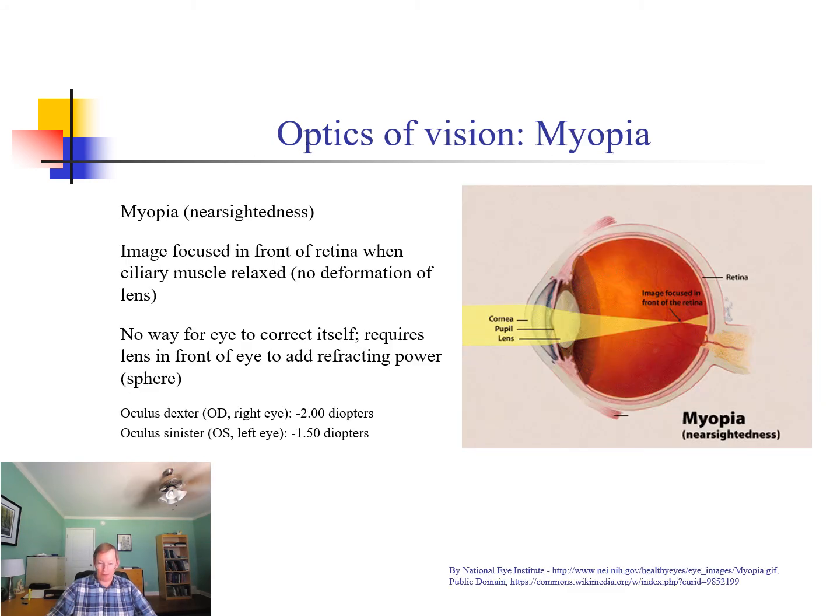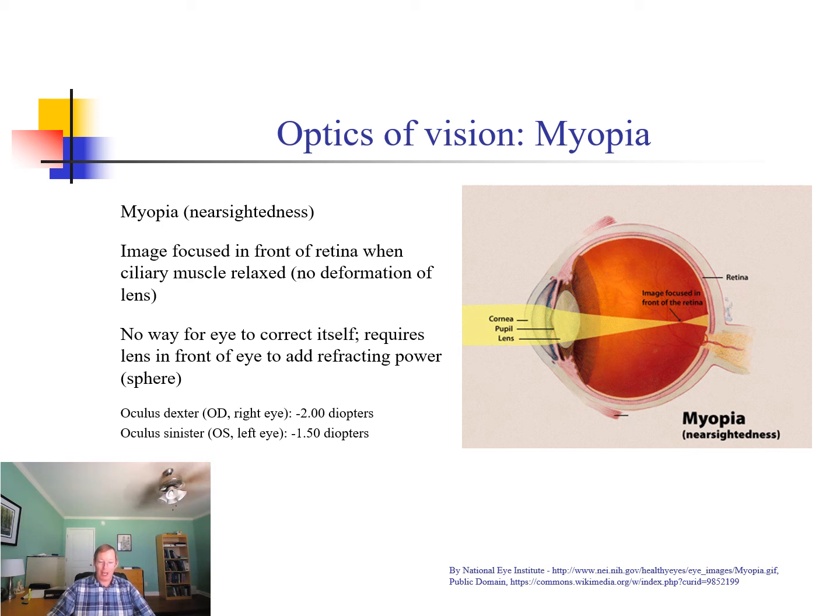So let's talk about some typical problems that occur with vision. By far, one of the most common optical problems that the eye has is nearsightedness or myopia. This is a heritable trait, and so if your parents had myopia, odds are really good that you will also have this.